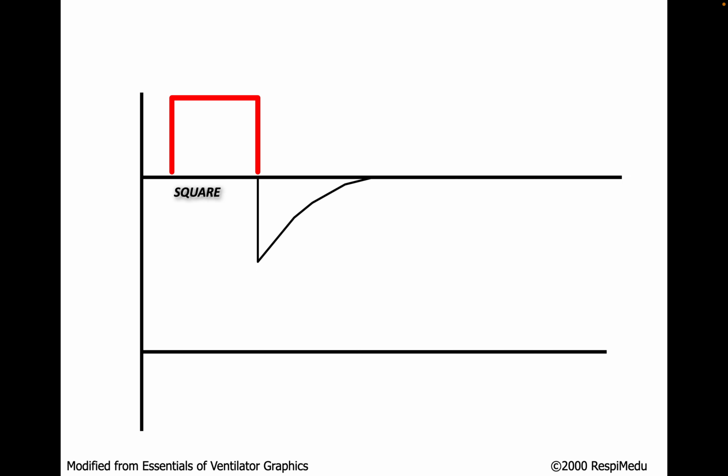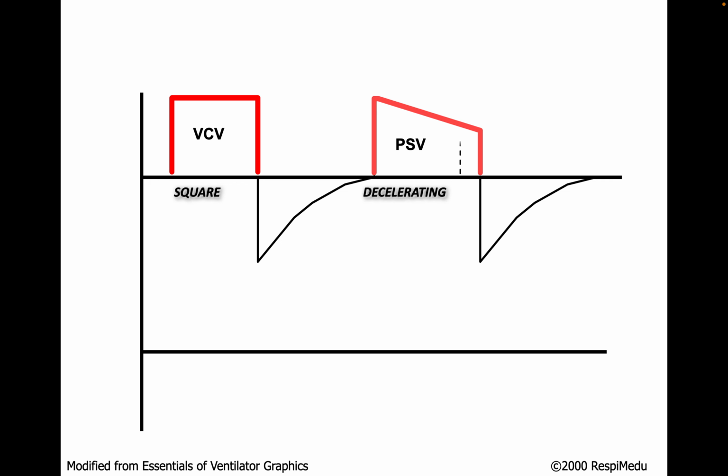Now in this particular scalar, as you can see, this is the square pattern, and classically this kind of flow versus time is volume control ventilation. Similarly, if you see a decelerating pattern like this, with the flow getting cut with 25% of the flow remaining, this is the classical pressure support ventilation.